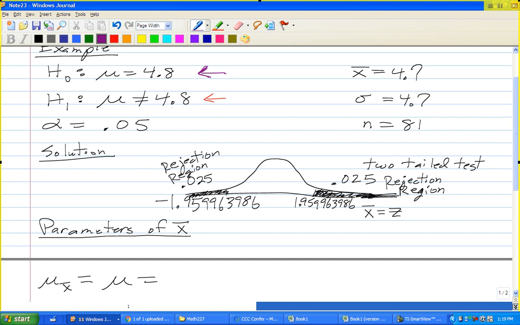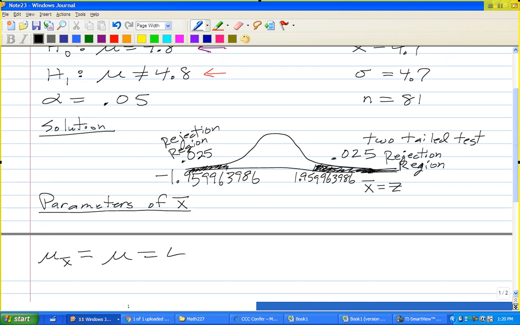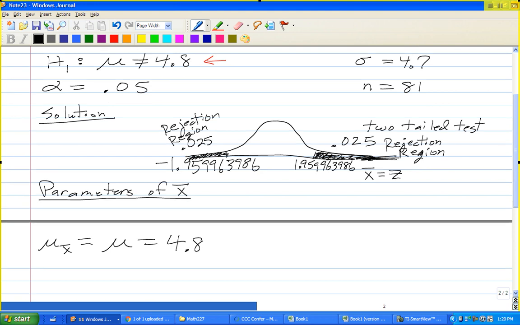And that's why people will write the null hypothesis with always an equal sign, because you're assuming, no matter if this said less than or equal to, greater than or equal to, whatever, you're actually always assuming that it's equal to this value. And so I'm assuming the mean is 4.8. Done.